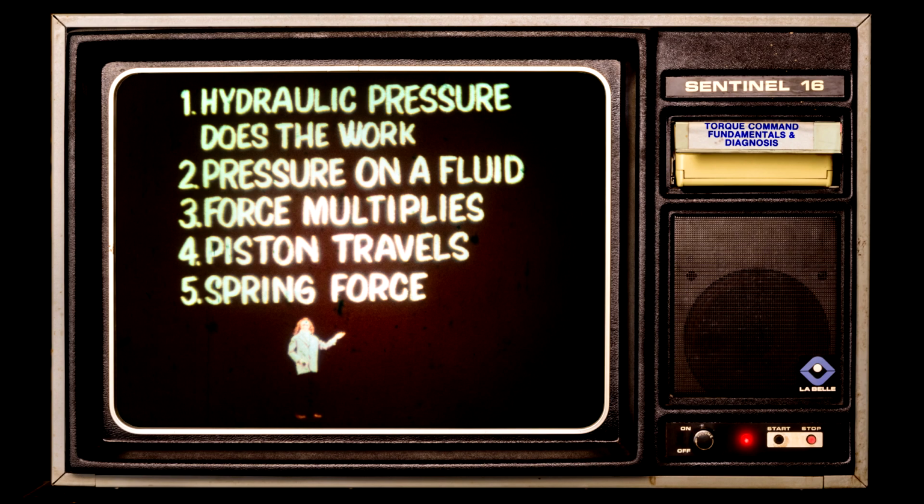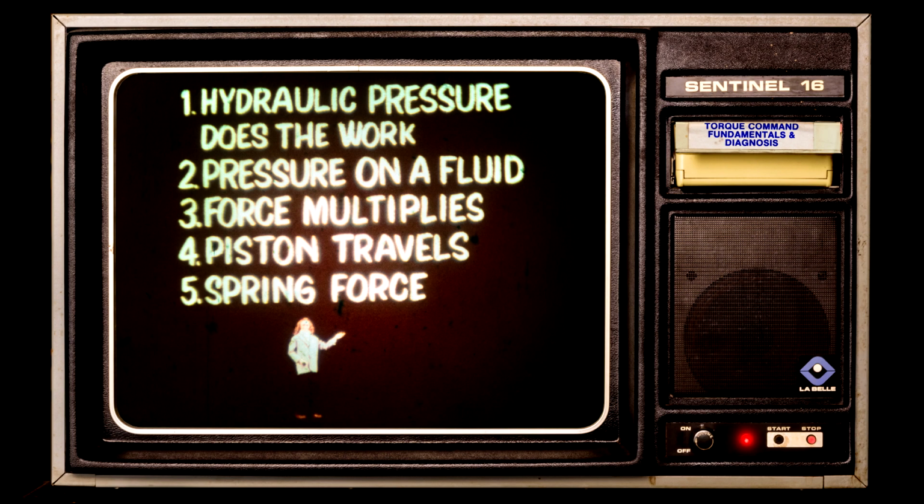The 5 points you should try to remember about basic hydraulics theory are: 1. Hydraulic pressure operates valves, pistons, and servos to apply clutches and bands, and also lubricates and cools the automatic transmission. 2. Pressure on a confined fluid is always equal in all directions. 3.